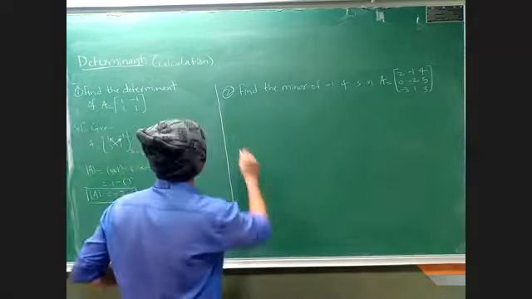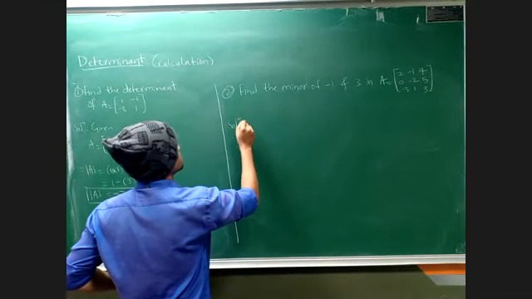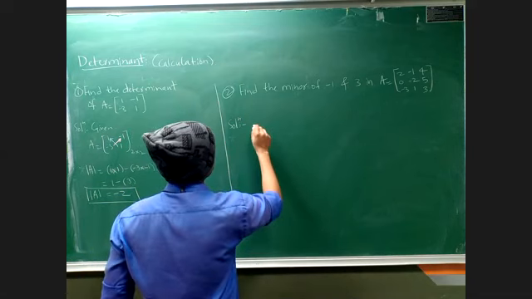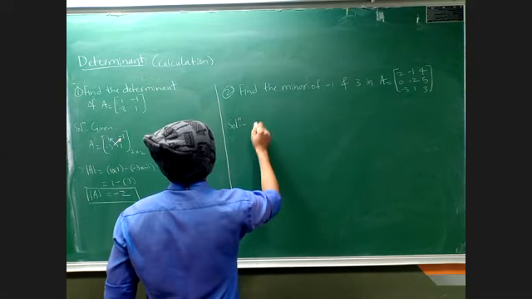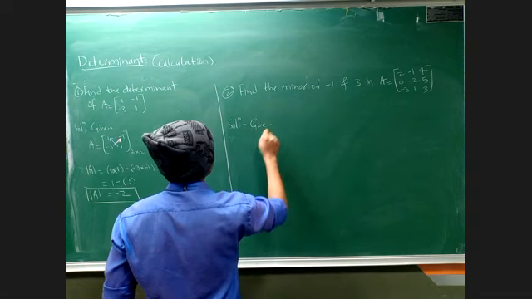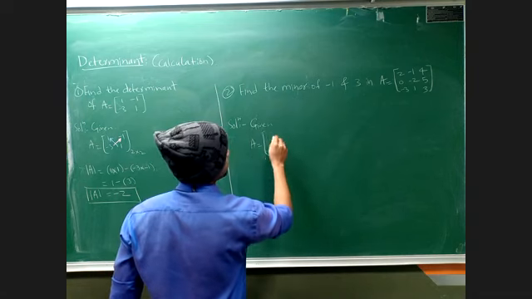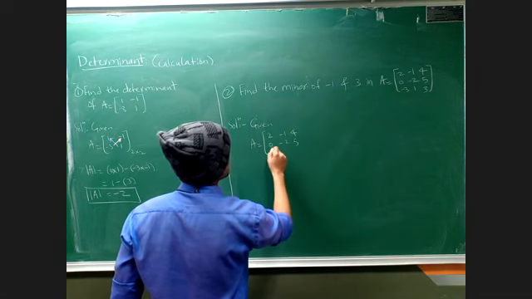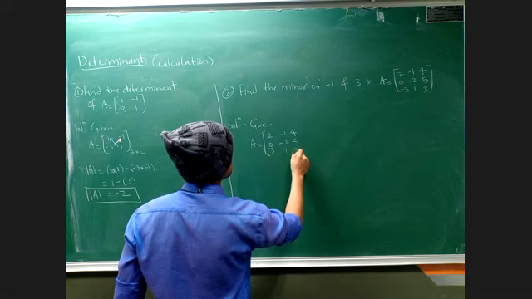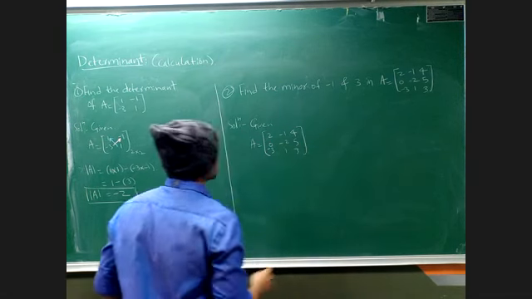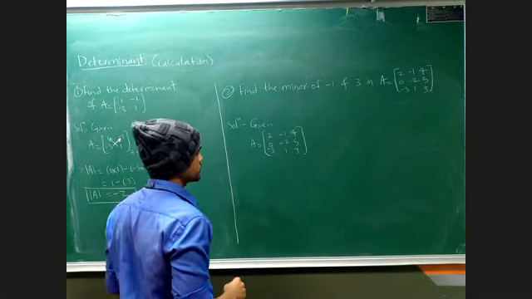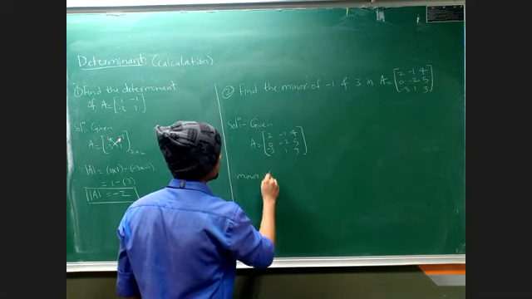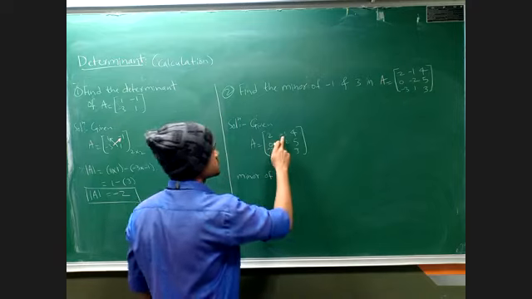Okay, so here let's get the solution. This is a very basic question. The given matrix is 2 -1 4, 0 -2 5, and -3 1 3. Here I need to find the minor of -1, and -1 is here.